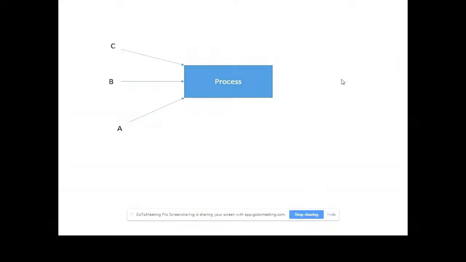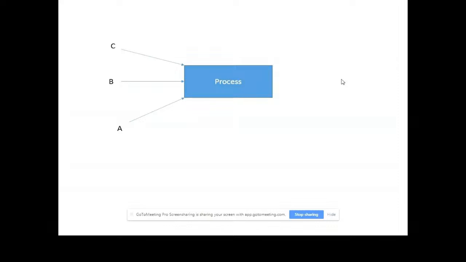Coming back to the process, every process would have certain inputs. In our example on your screen, there's input A, input B, input C. These inputs can be broadly categorized as controllable inputs, but there can be some non-controllable inputs as well.